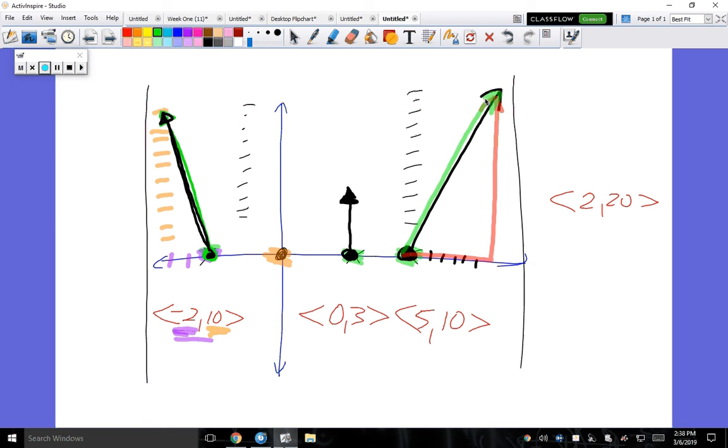You with me? Now, with this being said, let's use this right here that I just did as an example. If I asked you, how far did this person actually run, and I wanted you to tell me how long that was, what could you do? Pythagorean theorem. You have 5, you have 10, so it's 125. That's going to be square rooted, and whatever that is, that's how far that magnitude is.